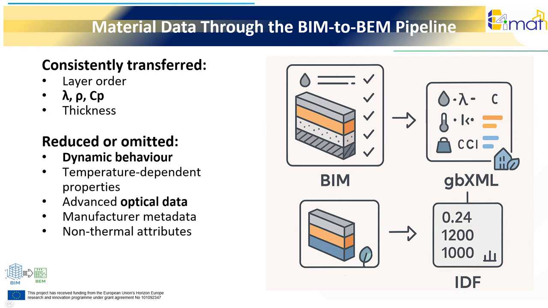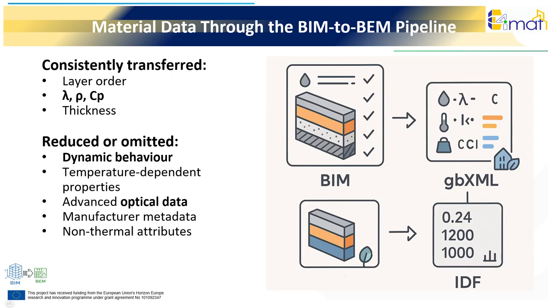The parameters that transfer most consistently are those that simulation engines rely on universally: layer sequencing, thermal conductivity, density, specific heat, and thickness. These properties define the thermal mass and transmittance of an assembly and are recognized across GBXML and IDF with little ambiguity. Other characteristics, however, undergo significant reduction.